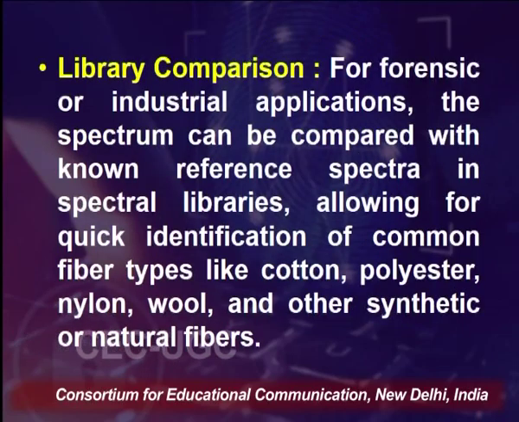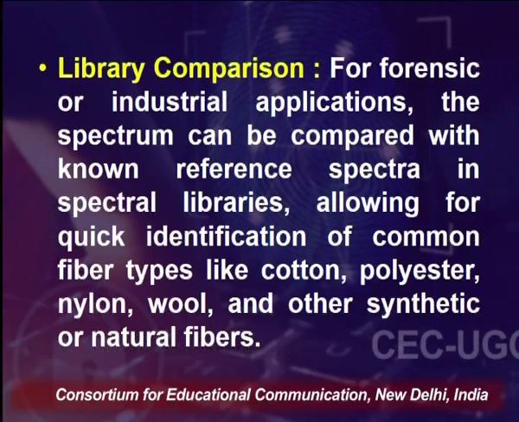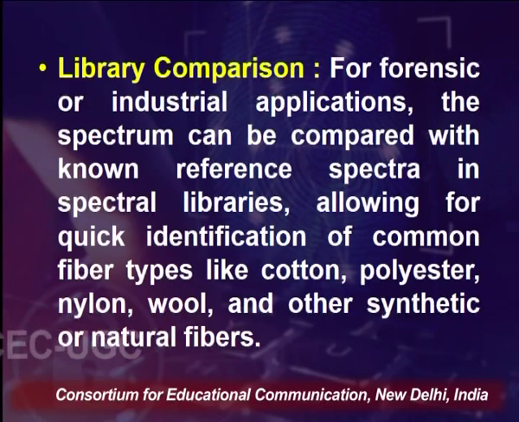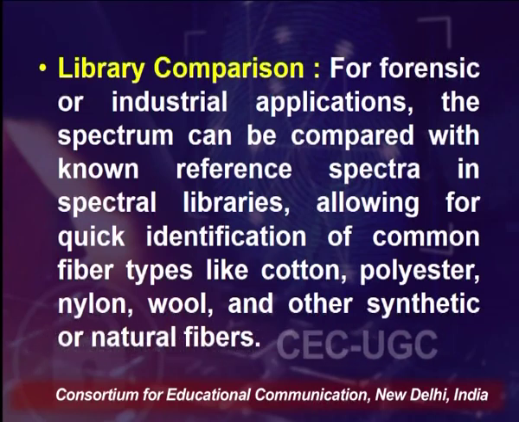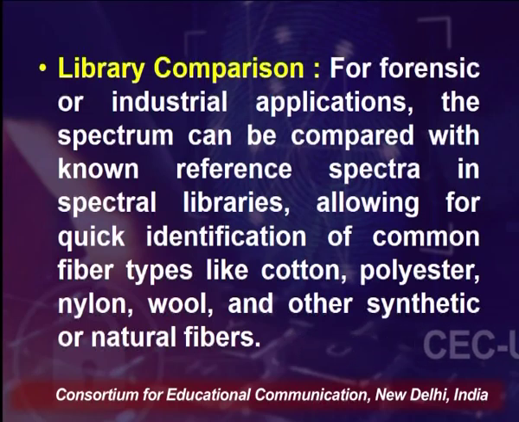The spectrum which we obtain can be compared with the library provided with the IR spectrophotometer, and it helps us in the quick identification of fibers like cotton, polyester, nylon, wool, and various other synthetic or natural fibers. We can also go for polymer and dye analysis in certain cases through IR microspectrophotometry.